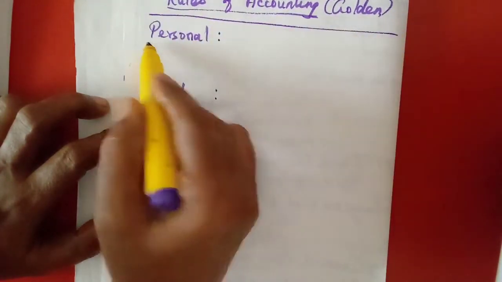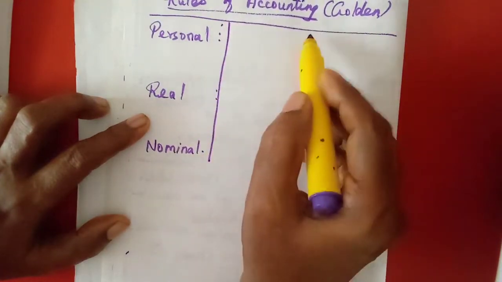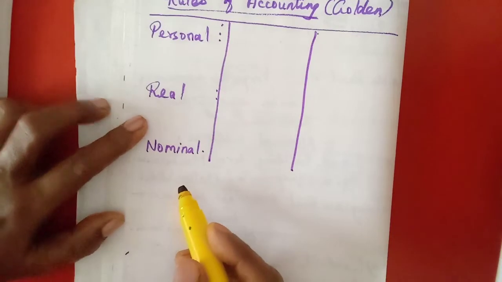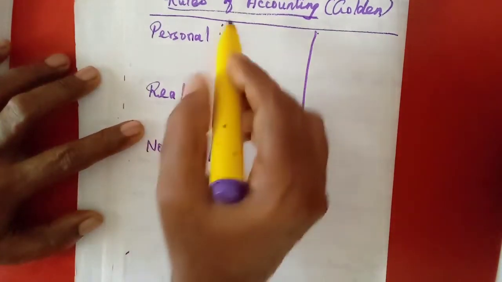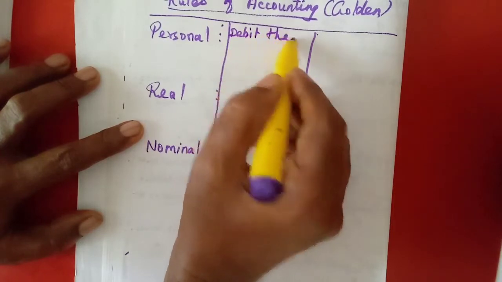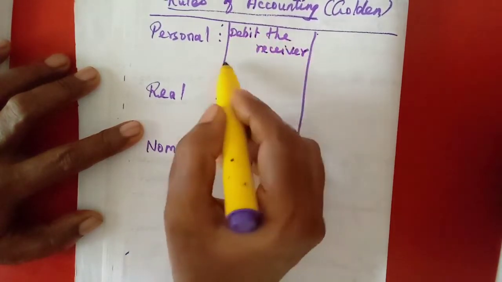So these are the accounts. Then what should be debited and what should be credited? In the personal account, what should be debited? Debit the receiver, credit the giver.